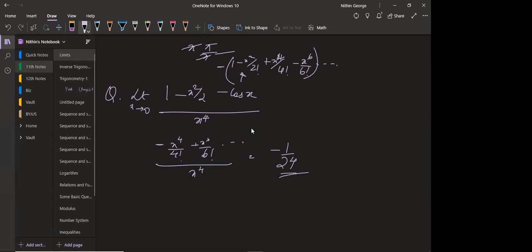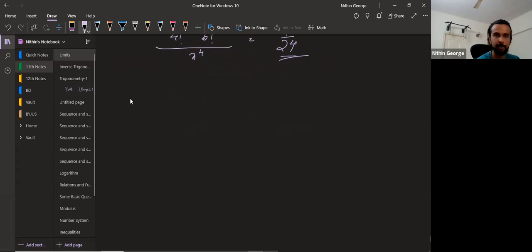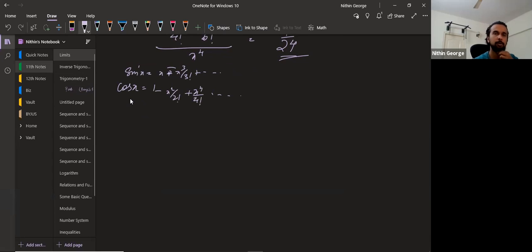Sir, how is cos x equal to 1 minus x square by 2 factorial? For that, the expansion you should know. There is a way of doing this.